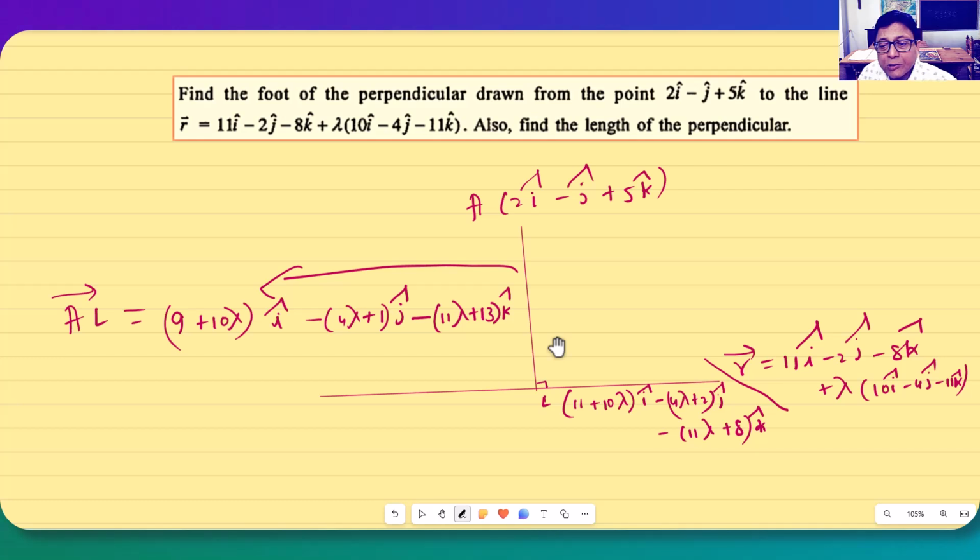Hope you have understood. Position vector of L minus position vector of A.